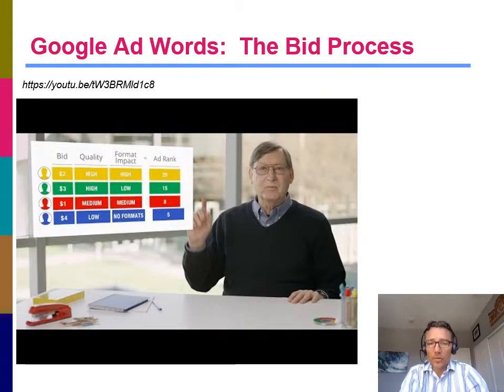Same for Facebook. What's going to drive your Facebook advertising bid costs down? Well, are people engaging with your content? Are they liking it? Are they forwarding it? Are they reposting it? So that is more important to them, engagement, than who's willing to pay the most. Same thing, they don't want the Facebook users to be bombarded with ads for products that aren't relevant to them and that they're not interested in.